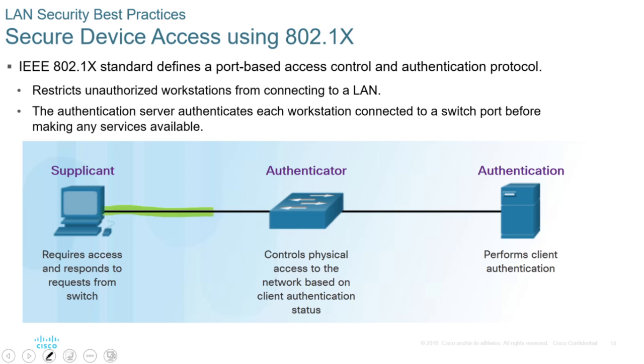Say, for example, a device may try to connect to a switch. Then the switch may talk to the authentication server to see if that particular device should be allowed on that port. The server will respond whether it is allowed or not, and based on that, the decision would be made.